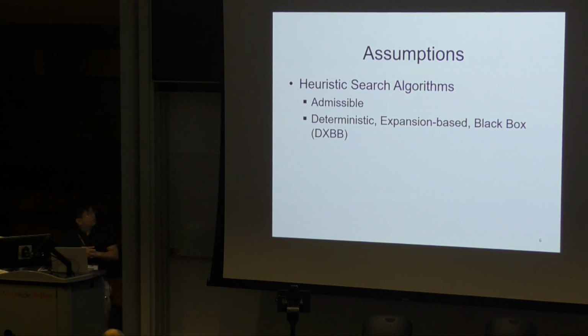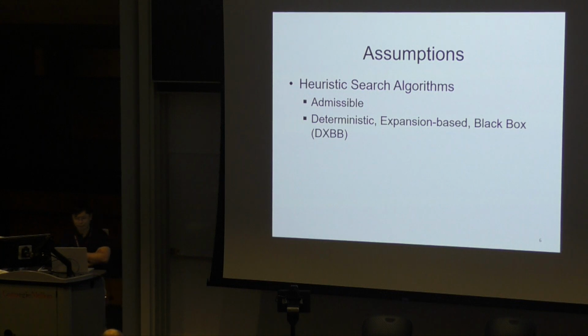The major assumptions for the algorithms are the following. The first one is admissible. That is, if the algorithm is given an admissible heuristic, it should always return an optimal solution. The algorithm should be deterministic, so it cannot have any randomized method in it.